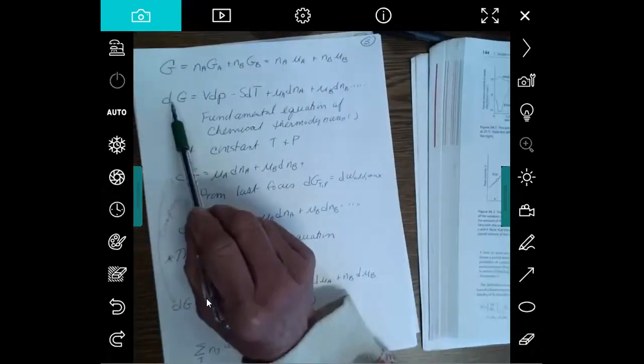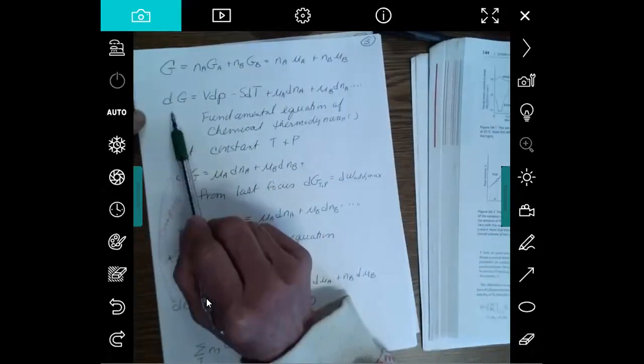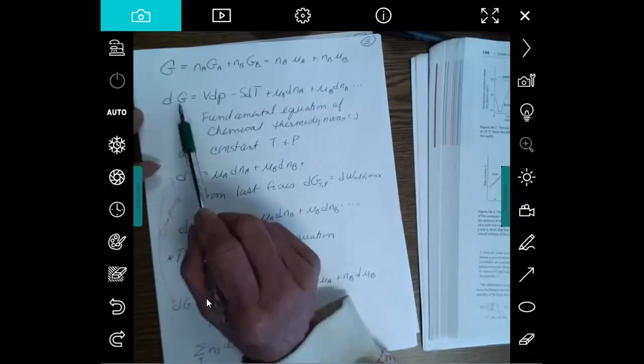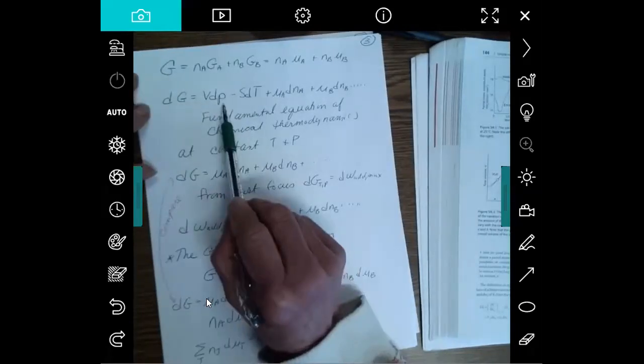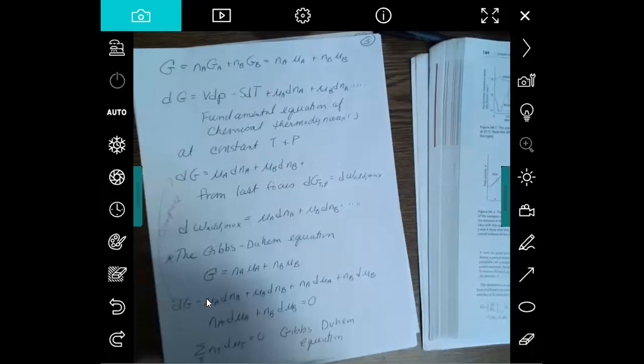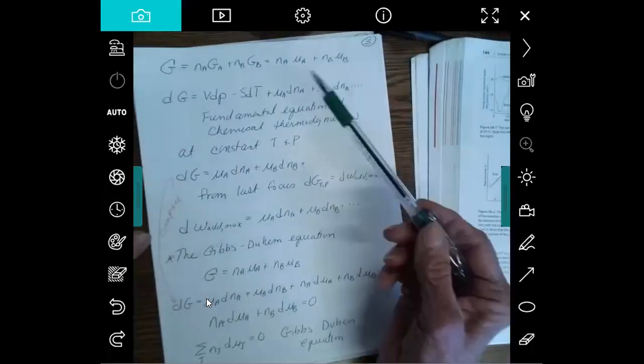So now if we write out the entire way that a Gibbs free energy can change, an infinitesimal change can be a function of the pressure and the temperature change. So we derived that relationship back in focus 3. But now we're going to allow the composition to change.